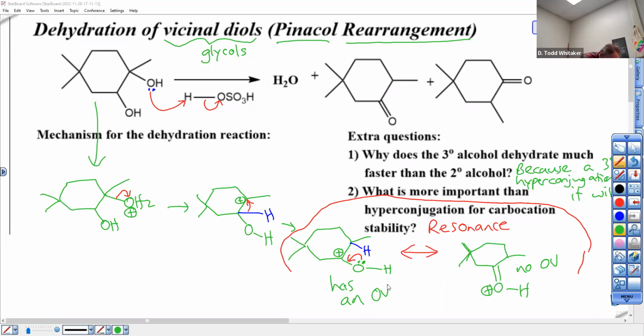I want to remind you, in step 1, we made TsO minus, and look at this thing, and tell me what's the only thing that has to change. Remove the H from the oxonium to make the final product that's listed first.